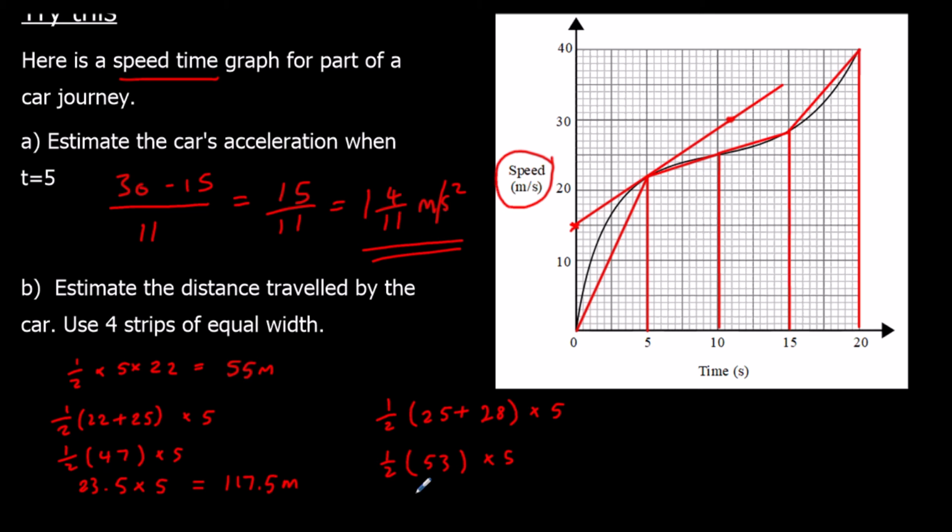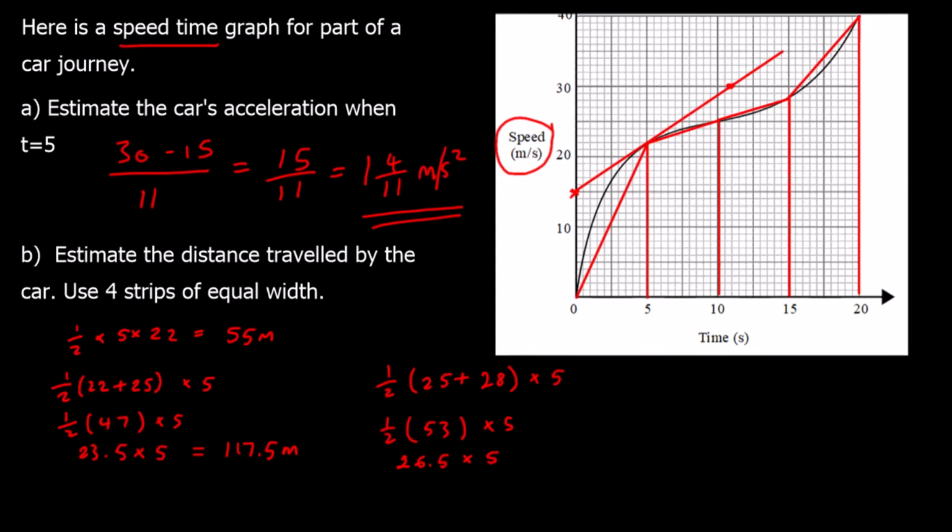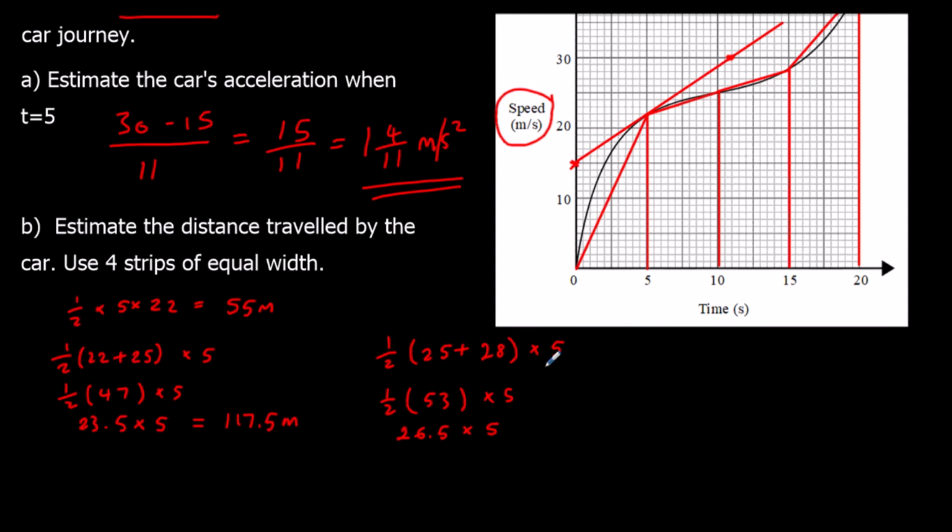Half of 53 is 26.5. So 26.5 times 5. So 26.5 times 10 is 265. So half of 265 is 132.5.